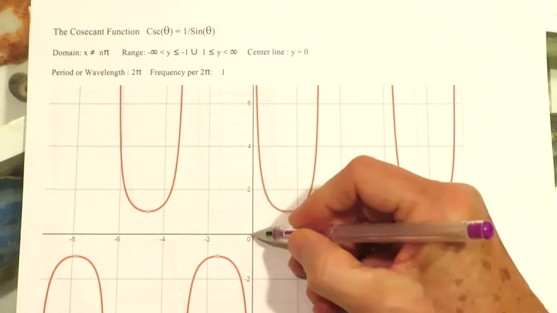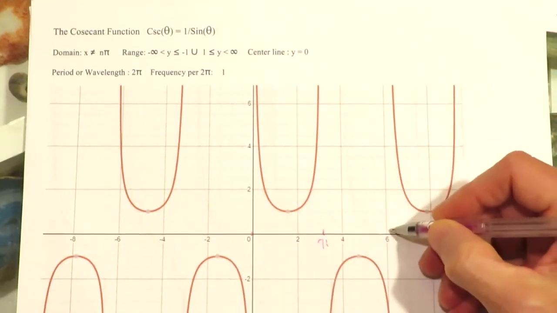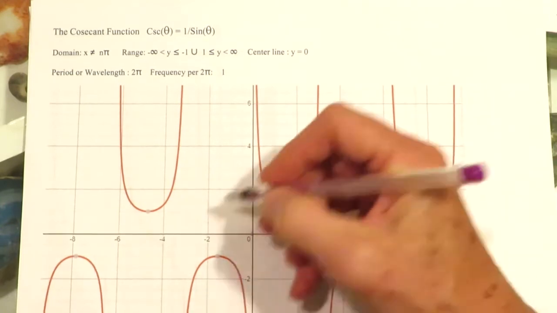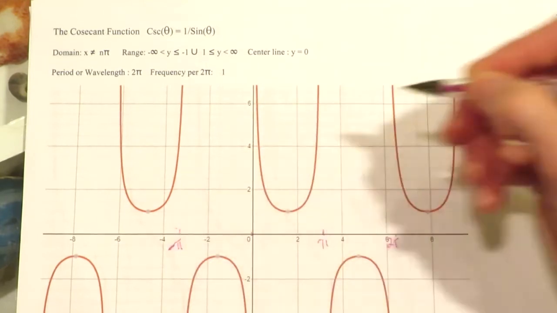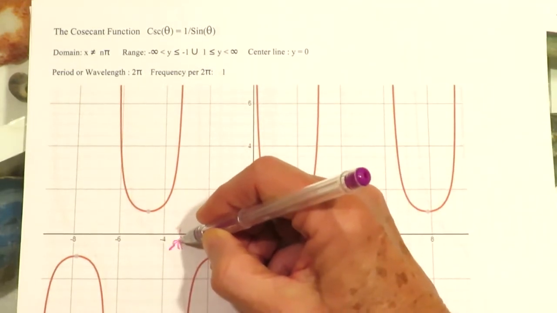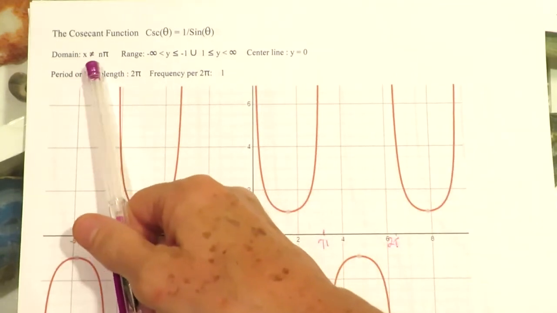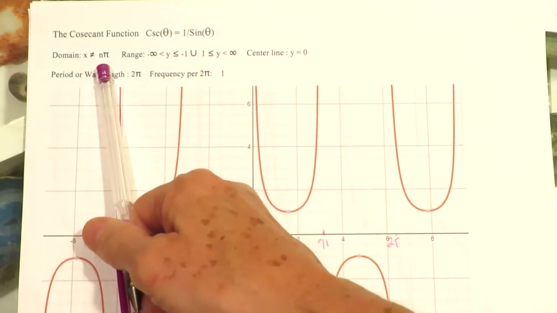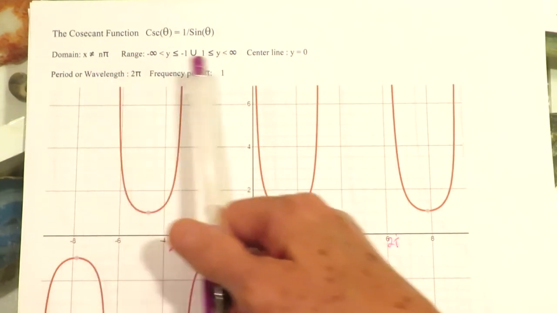So 0 times pi, 1 times pi, 2 times pi, -1 times pi. Those are all the values where we are hitting vertical asymptotes. And also those are the values that get eliminated from the domain. So notice my domain is x cannot be any multiple of pi. x can be anything else but a multiple of pi.